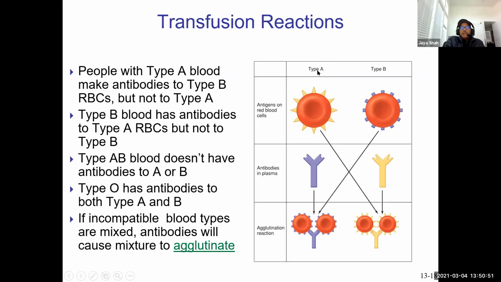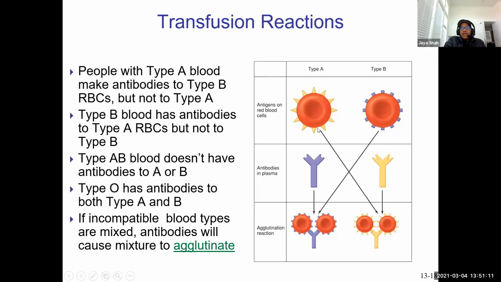If you are type A and type B, type A, you see the antigen on the plasma membrane here? It is A antigen, triangular yellow antigens. Here in type B, you have purple square antigens.